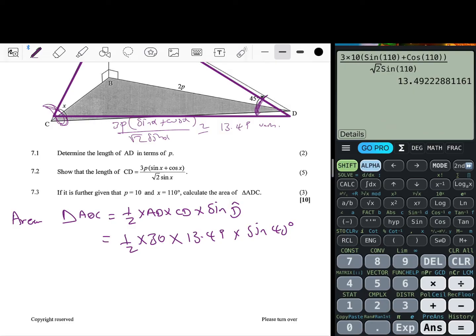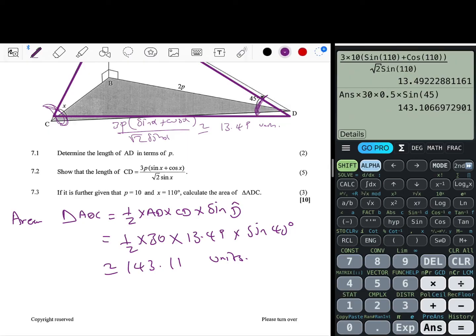Then you can just punch this into your calculator. You already have 13.49, so you can times this by 30, times it by half, and times it by sine 45, which is 1 over root 2. And your answer is going to be 143.1, depending on how far you want to go, but let's say 143.1 units. So that's going to be your answer, and you get a mark.